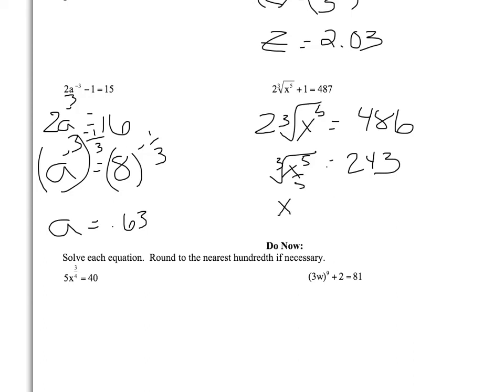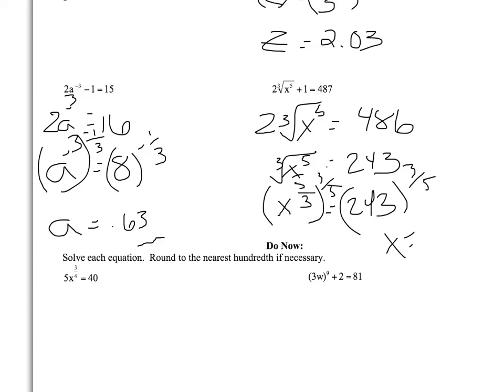It's really the same as x to the 5/3 power equals 243. That's how we're used to seeing it, so now we can take the reciprocal power, which is the 3/5 power. When you do 243 to the 3/5 power, I believe it's actually a whole number, 27. You can check my work to be sure, but I believe it's 27.